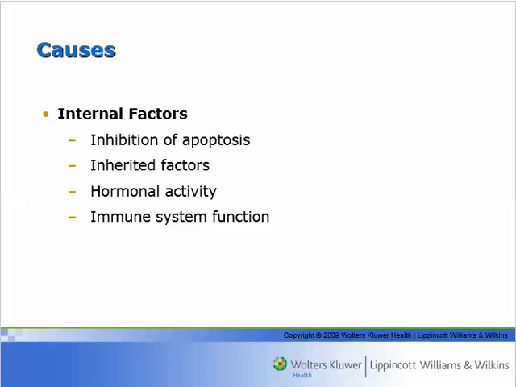People that are on immunosuppressive drugs for transplants have like a 30 times greater incidence of skin cancer than normal people. So all of these things probably work together. If you have inherited factors like breast cancer runs in your family, and you have high estrogen counts, and you're immunosuppressed, then you're worse off than if you don't have those things.